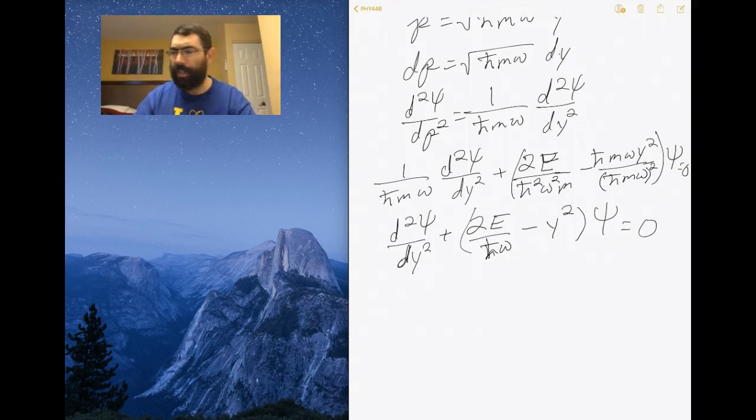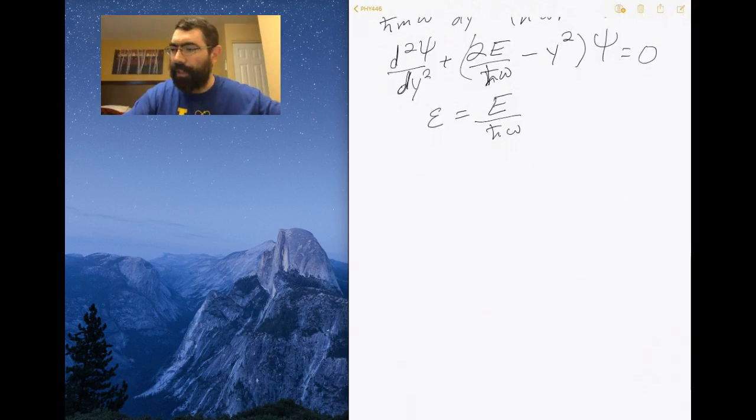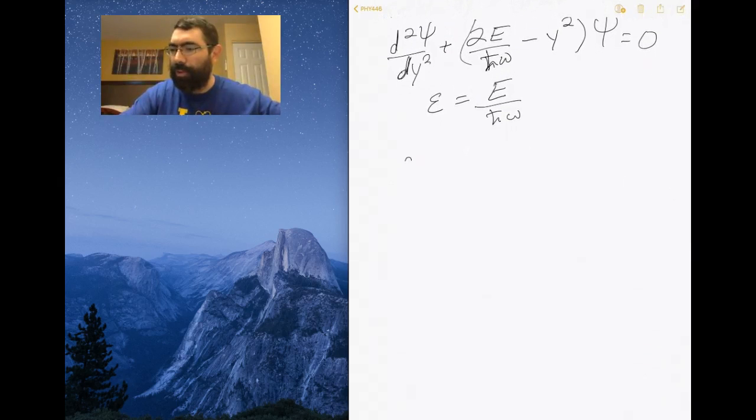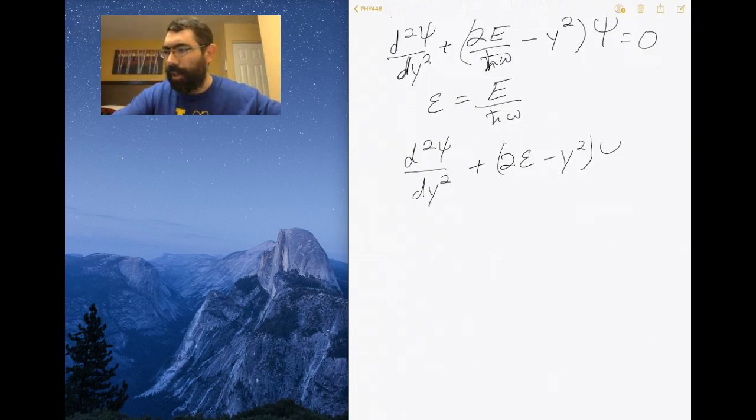Okay, and so if we again define the dimensionless energy as the energy divided by h bar omega, then we get a Schrodinger equation, which is the second derivative plus 2 times the dimensionless energy minus y squared times the wave function.